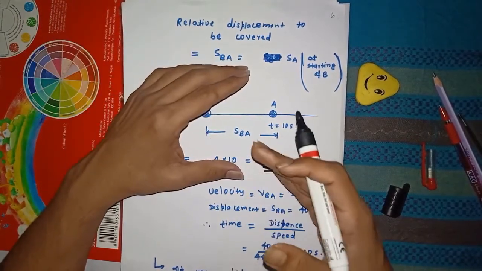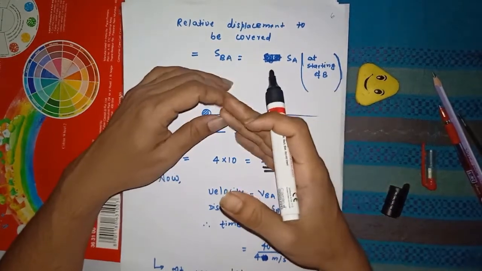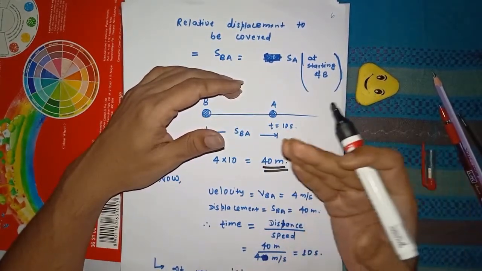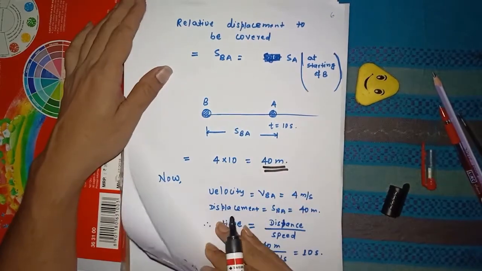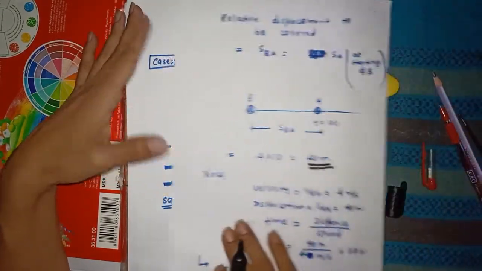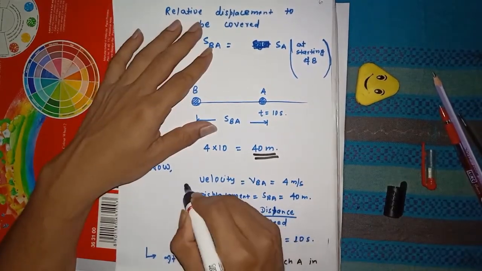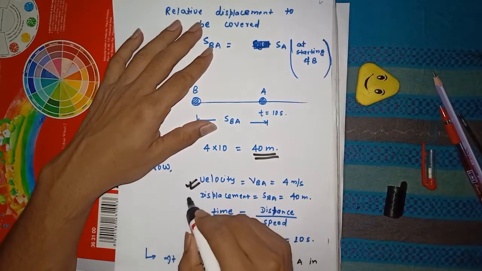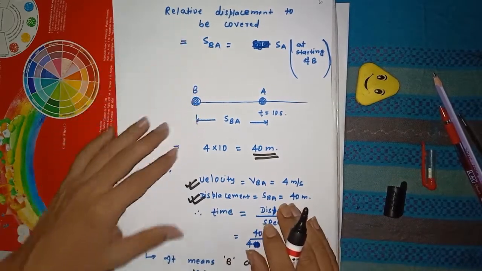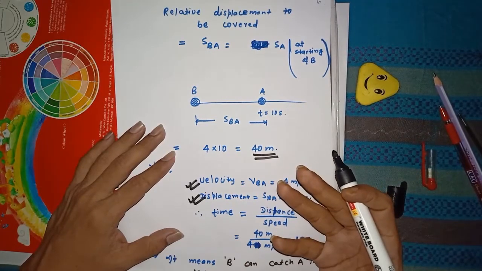So the police must cover 40 meter of relative displacement with its relative velocity, which I have already told you is 4 meter per second. Here the relative velocity is 4 meter per second and the displacement is 40 meters. Treat it as normal velocity and displacement.